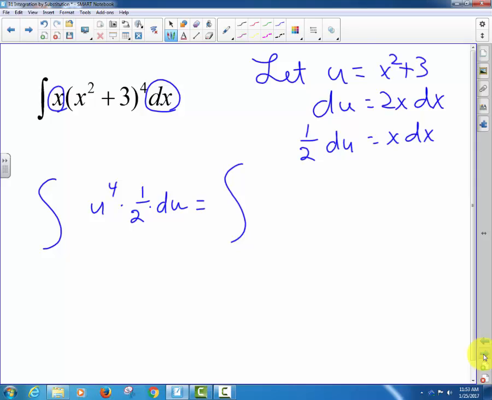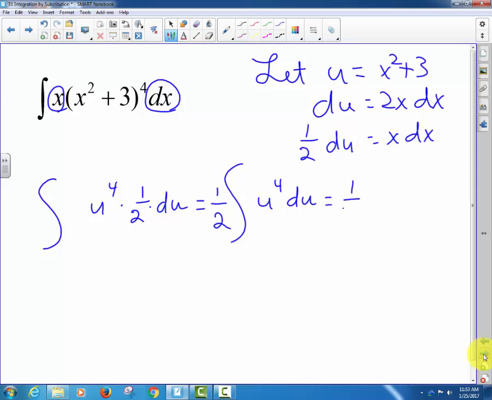Anytime we've got a constant number, we can bring it outside of the integration sign. So I'm going to bring that 1/2 out in front of the integral and make it u to the 4th du. Now it's something I can integrate rather easily. I just have to remember to multiply it by half at the end.